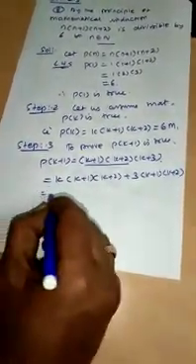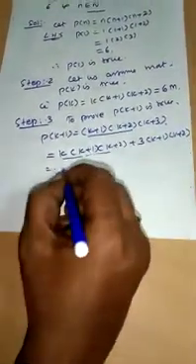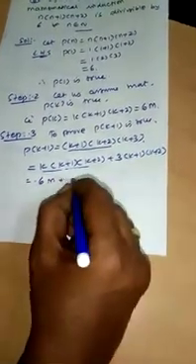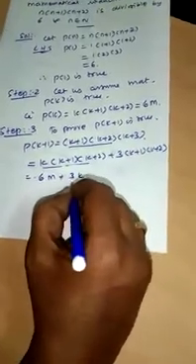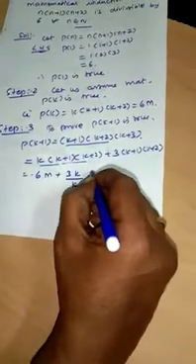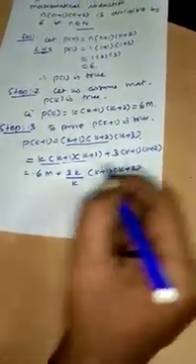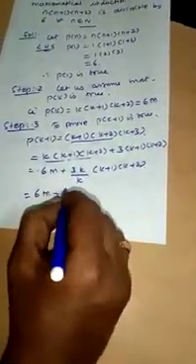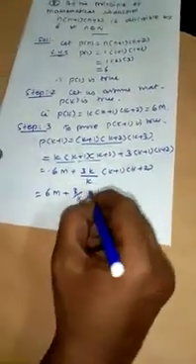By step 2, this is 6m. In the second term we introduce a k, and by k we can cancel it. That is k plus 1 into k plus 2, 6m, 3 by k, k into k plus 1, k plus 2. This is 6m.